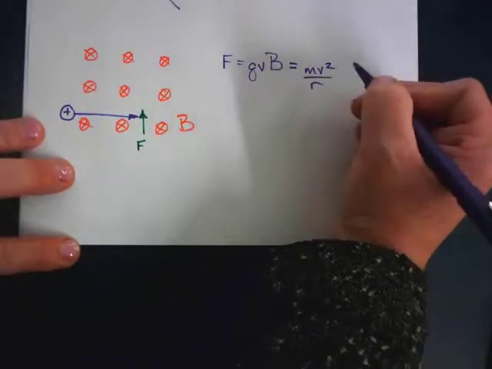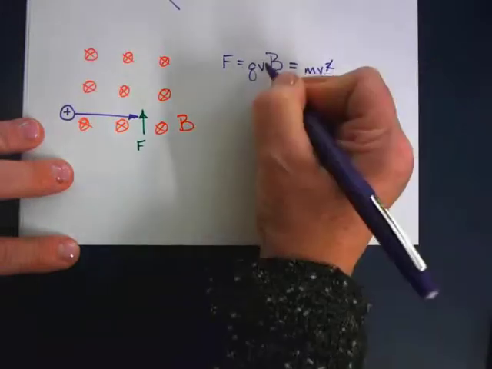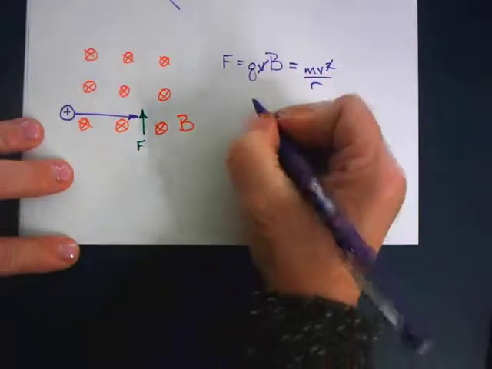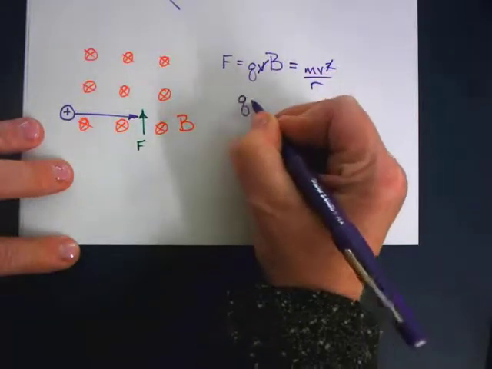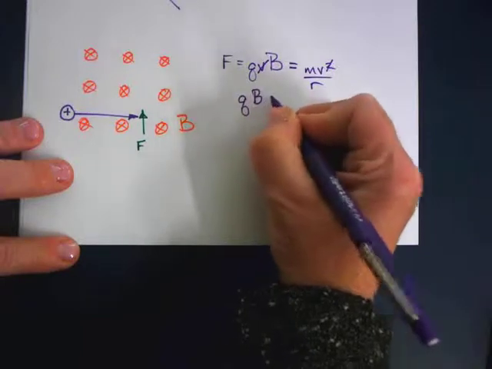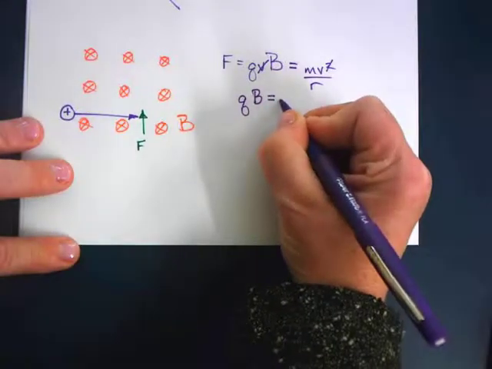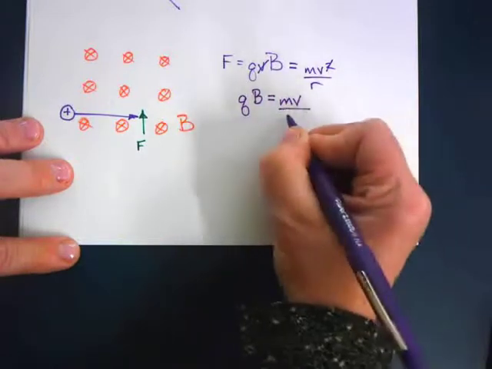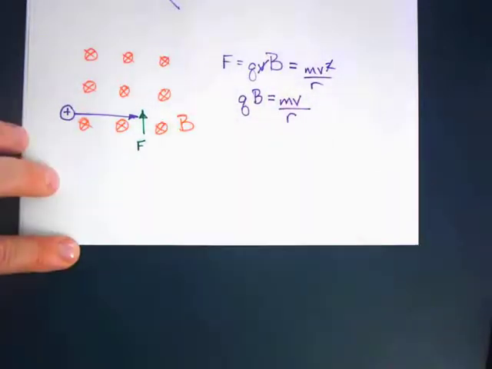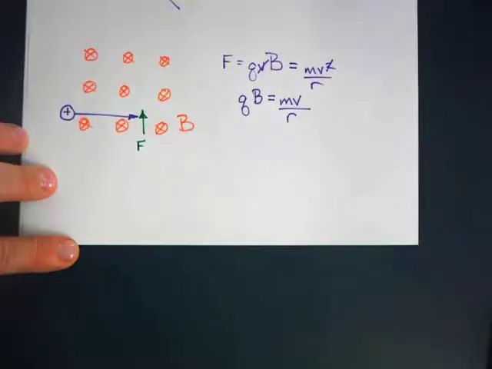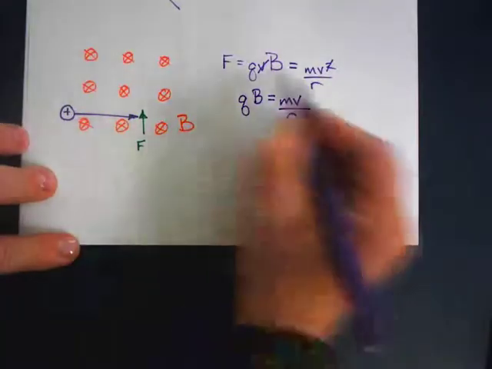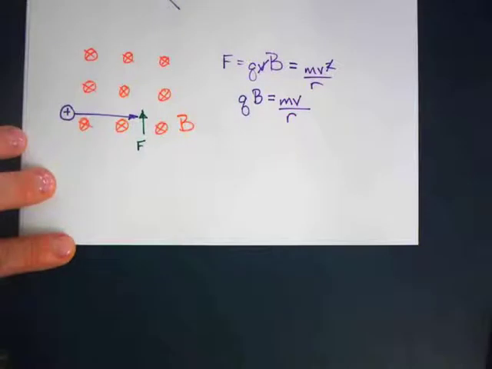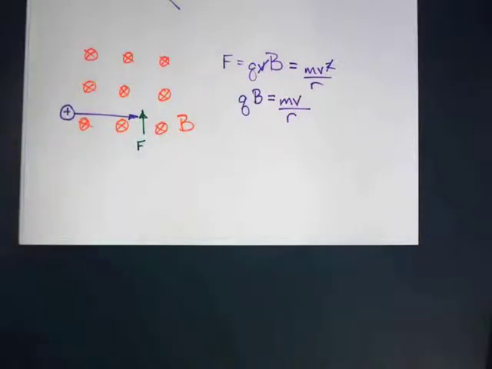So this is another very commonly used application in particle physics. The relationship between a moving charge in a strong magnetic field is equal to the mass of that charged particle, how fast it's going, and inversely related to the circle radius that it makes. So you may see this application.